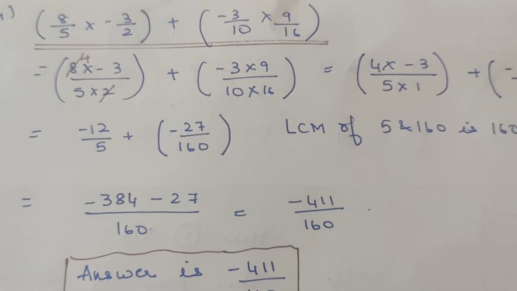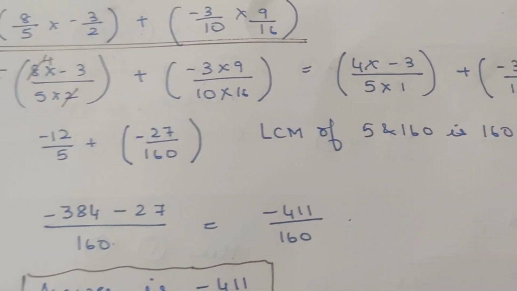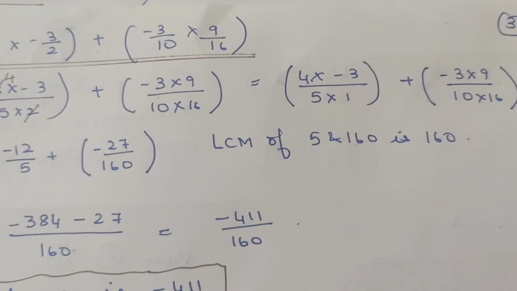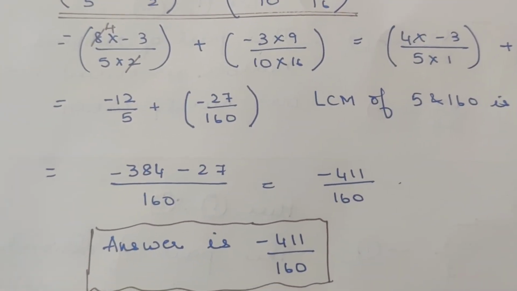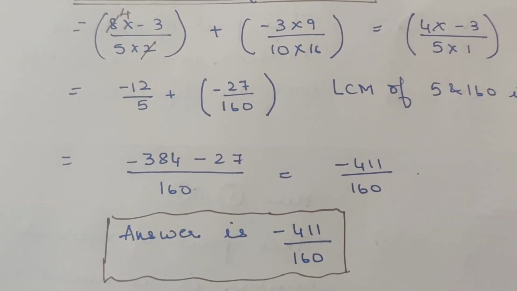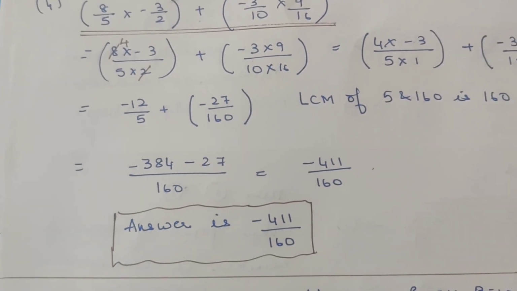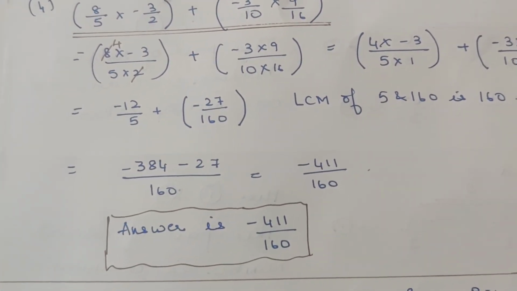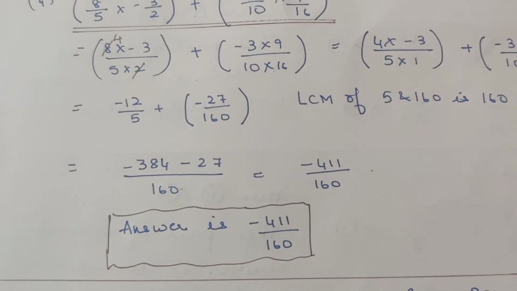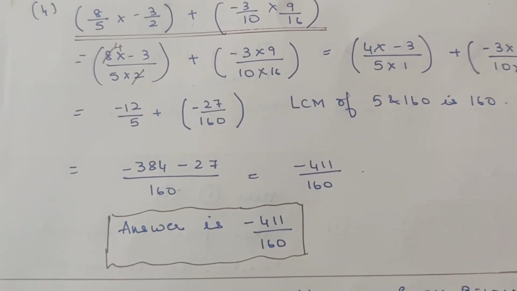So this becomes minus 12 by 5 plus of minus 27 by 160. The LCM of 5 and 160 is 160. Therefore, it becomes minus 384 minus 27 by 160. That's equal to minus 411 by 160. Therefore, the answer is minus 411 by 160. Just pausing for a few seconds.